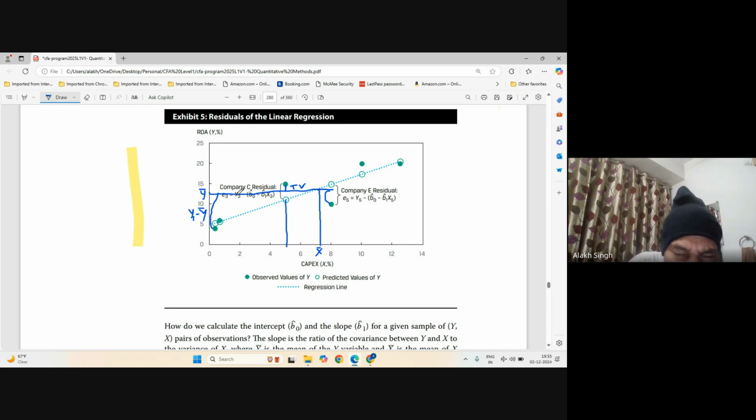So there are two concepts. One is yi minus yi hat. This one is y hat, and this one is yi. So yi minus y hat is the error term. And y hat minus y bar is the explained term, because y hat has already explained.